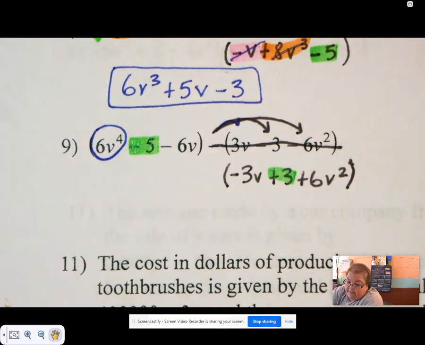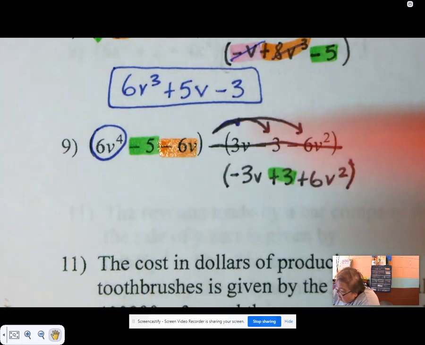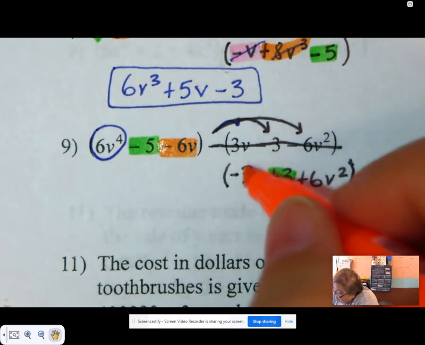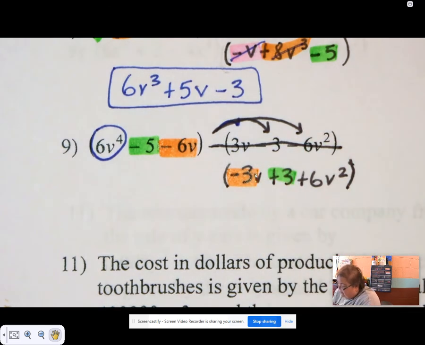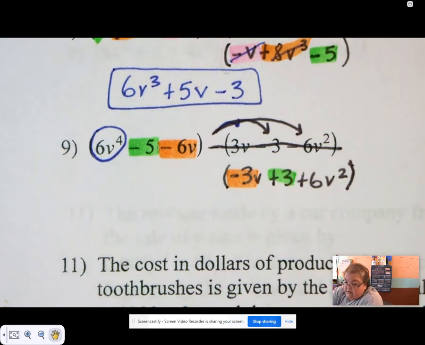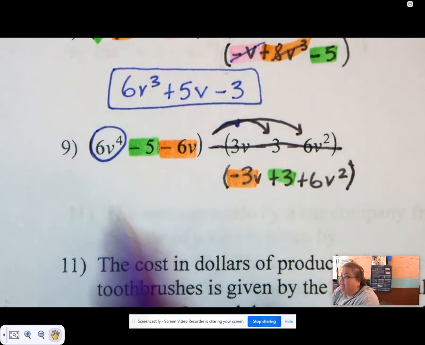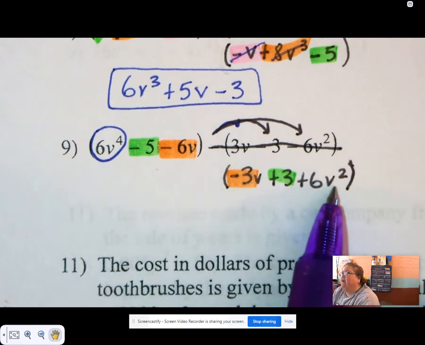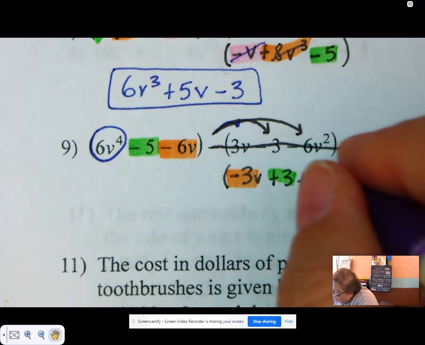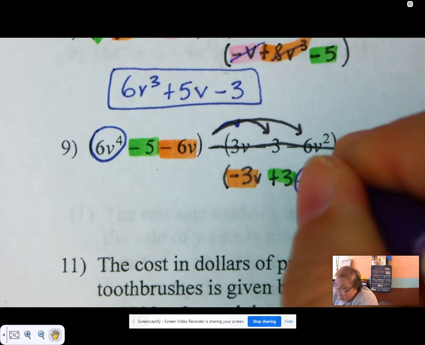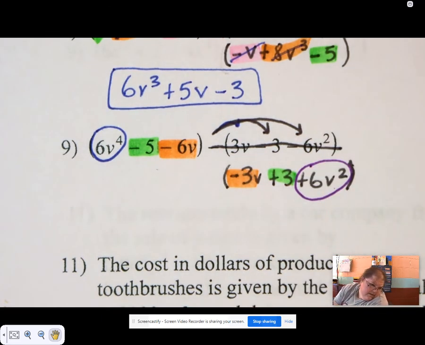I agree. And then I have a negative 6v and its partner is negative 3v. Now I've taken care of all of those and I still have one down here, right? So he is going to just be brought down too.